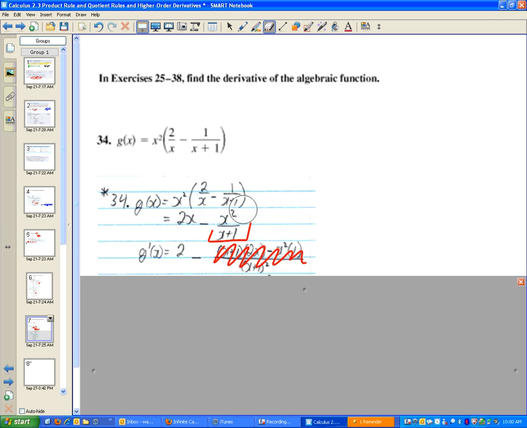All right, 2 minus, and then quotient rule it. Low d-high minus high d-low over low-low. So the bottom, x plus 1, times the derivative of the top, 2x, minus the top, x squared, times the derivative of the bottom, 1, over the bottom, squared.